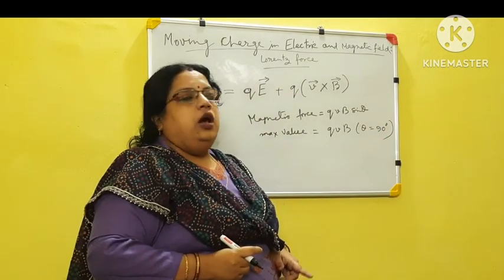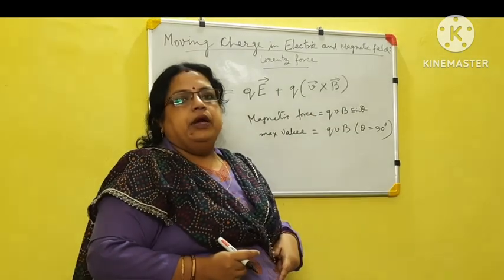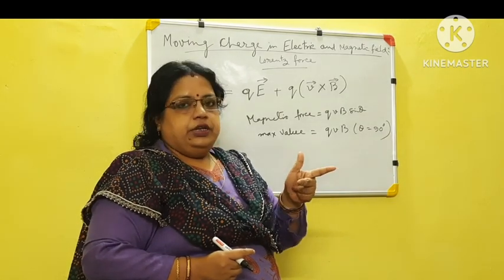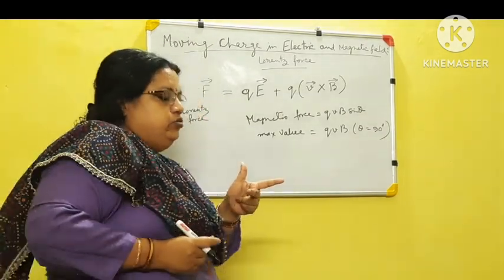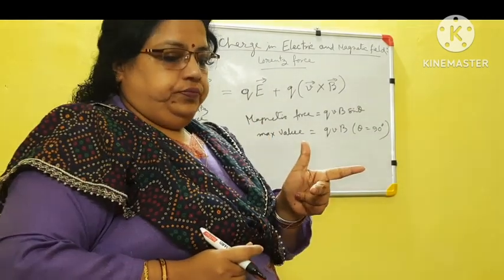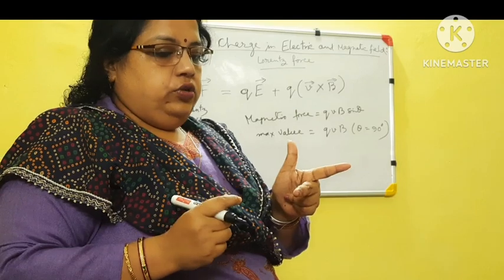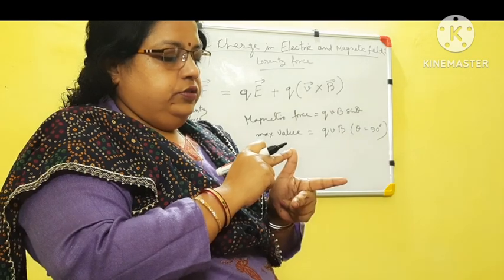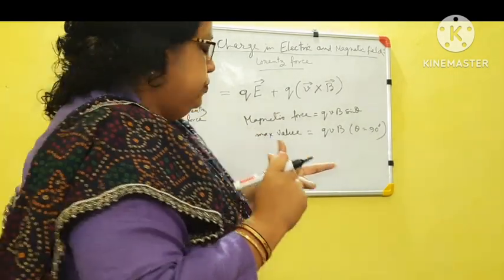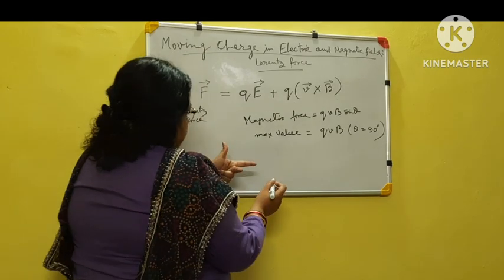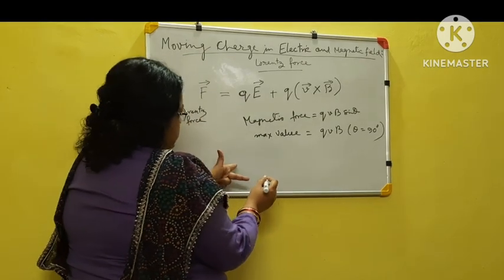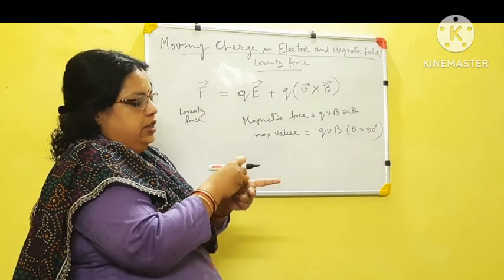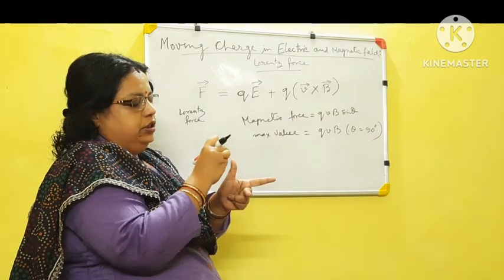Now the direction of this force will be determined by Fleming's left hand rule. As we know, if we take three mutually perpendicular fingers, this will be the velocity, this is the magnetic field, and this will be the force. If we place it in this way, this is the velocity, this is the magnetic field, then the force on the charged particle will be along this direction.